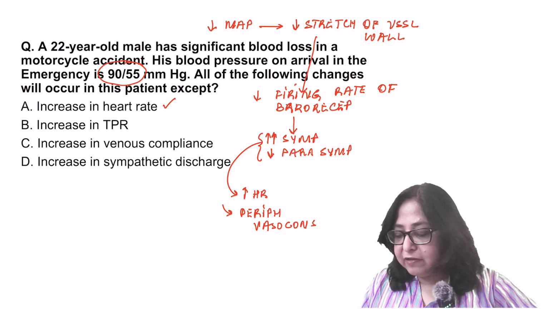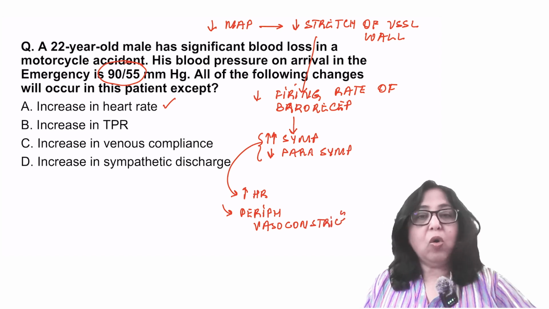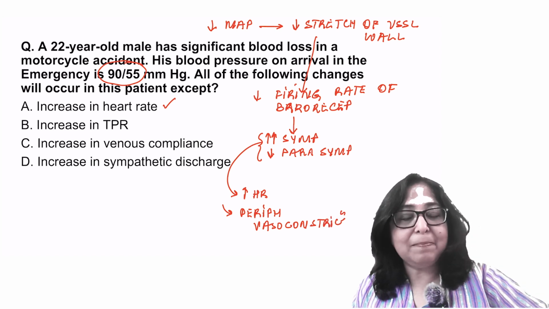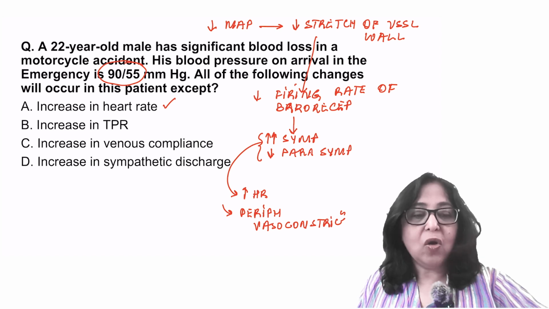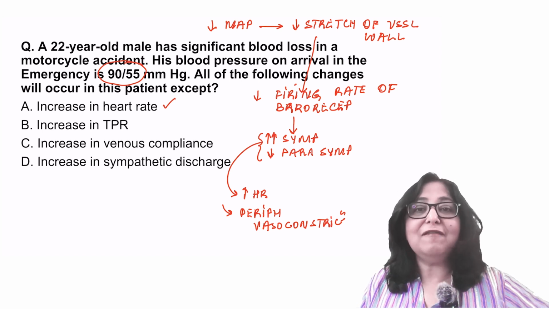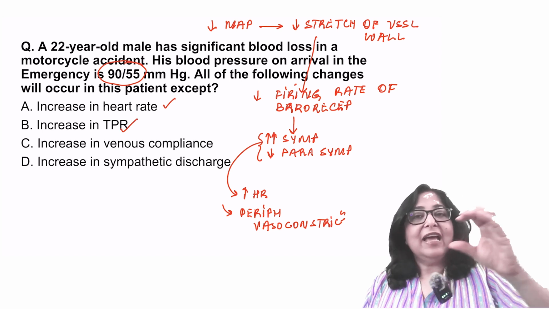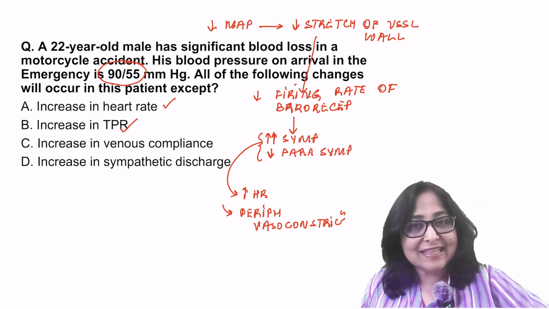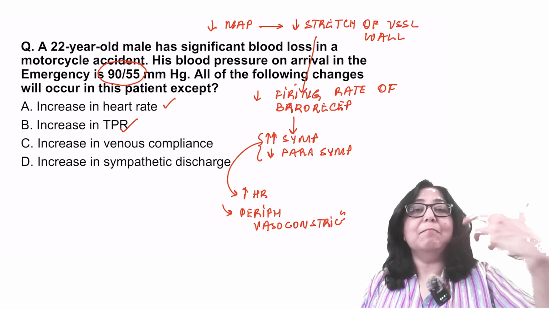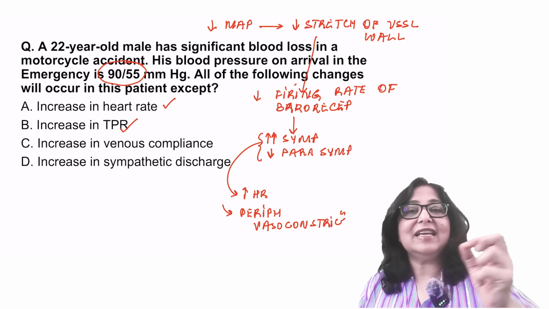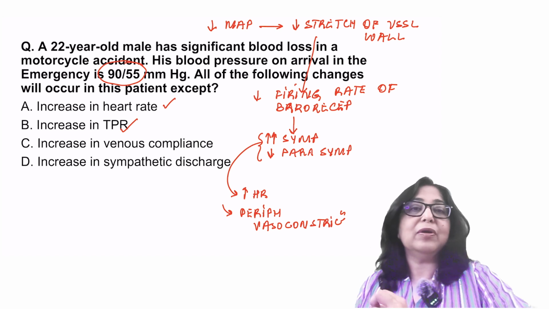And if there is a peripheral vasoconstriction, what will happen to the total peripheral resistance, or what is known as the peripheral vascular resistance? This will definitely increase. If there's a vasoconstriction, less radius means more resistance. Resistance is inverse to the fourth power of radius.